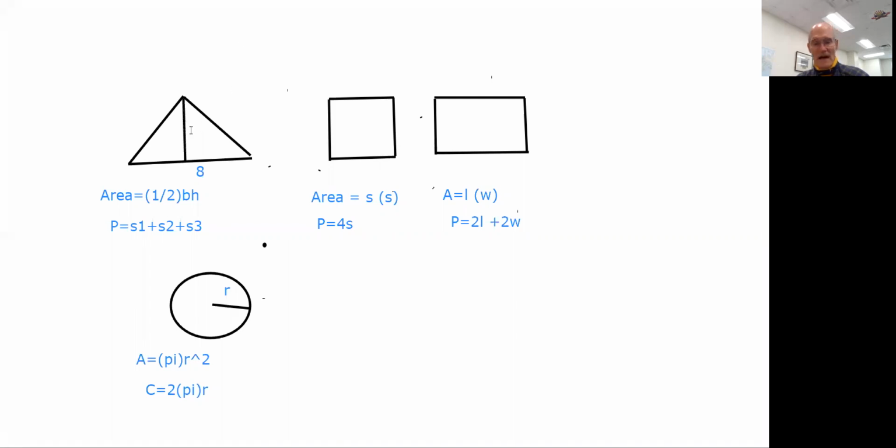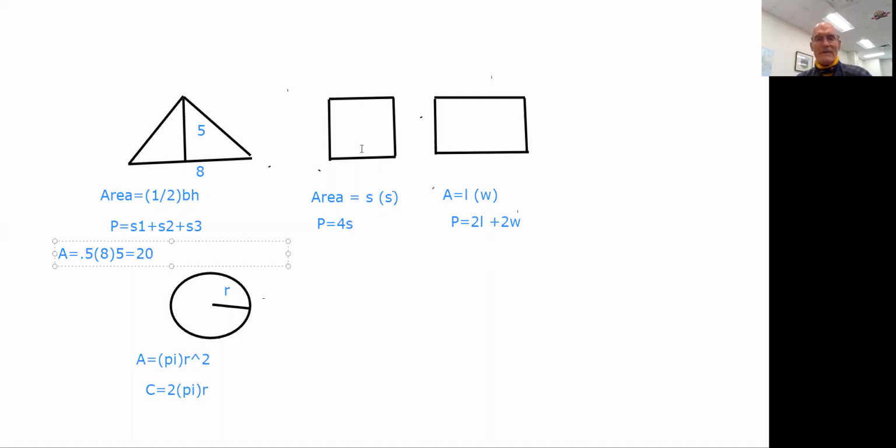So the formula is 1/2 base times height. The area equals 0.5 times the base, which is 8, times the height, which is 5. Half of 8 is 4, and 4 times 5 is 20. So the area of that triangle is 20.